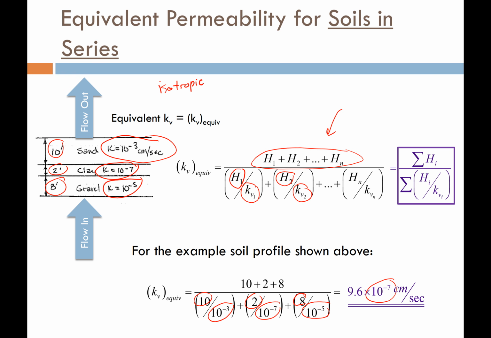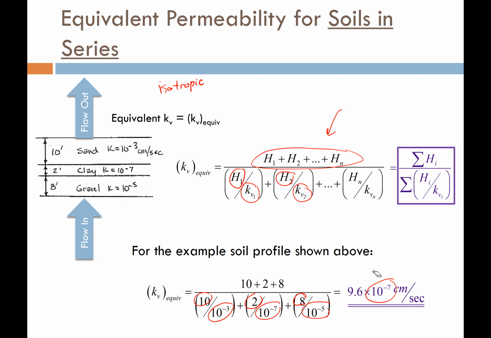So when we have soils in parallel, like I said before, the layer with the highest conductivity governs. But when we have soils in series, this clay layer right here, that bad boy is slowing the whole system down. And because flow in has to equal flow out, everything is flowing at the same rate as it is through that clay layer. Maybe just a little bit faster, but not much.